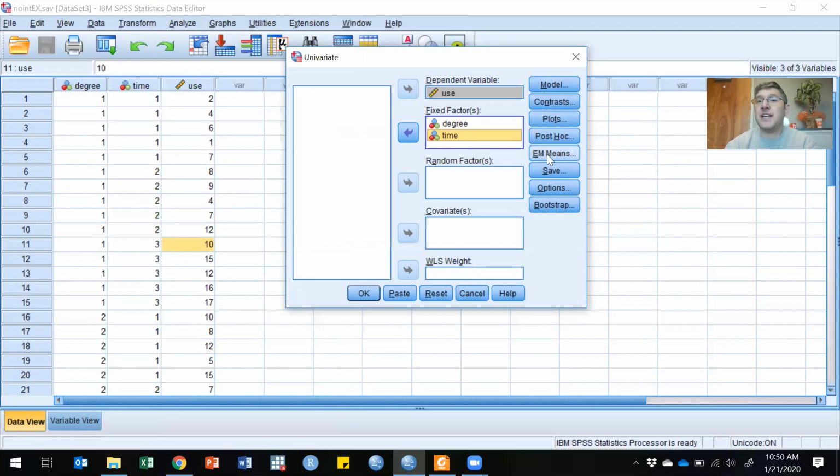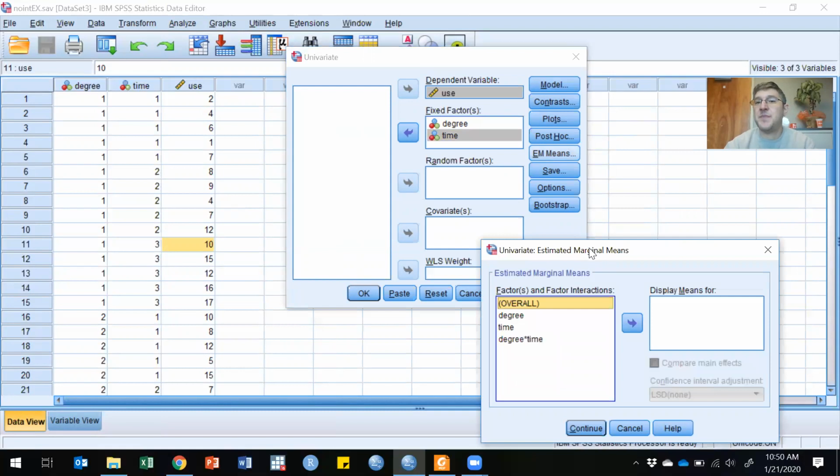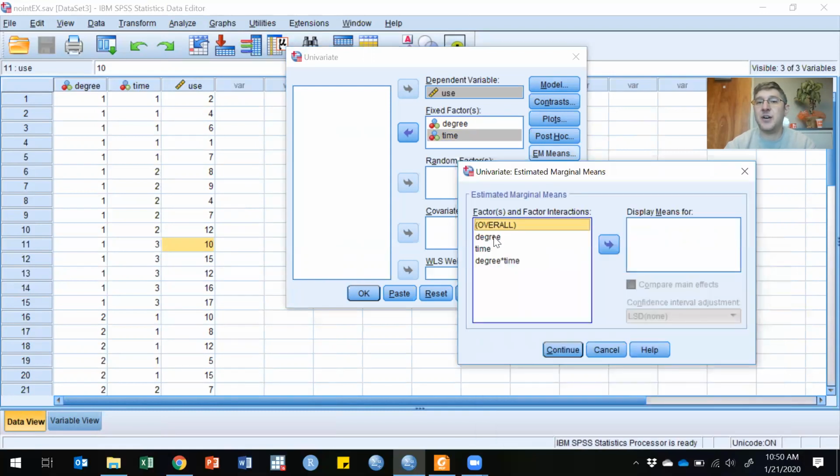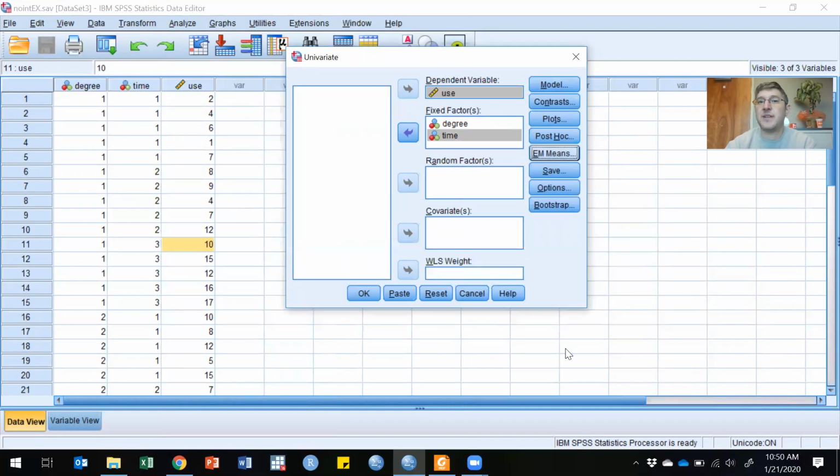We'll click on the EM means tab, and let's display our means for all of our groups there. And we'll just say continue. So these are going to give us our main effects for our degree and time.